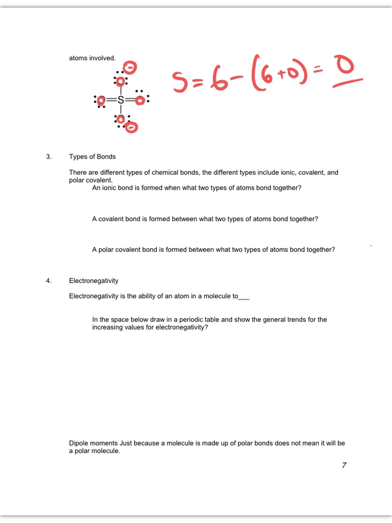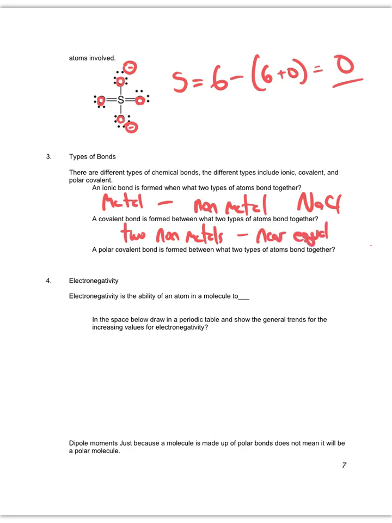Okay, types of bonds we have the ionic bond, which is between a metal and a non-metal. And an example of this would be sodium chloride, where the sodium's a metal, the chloride's a non-metal, and we get a salt out of it. A covalent bond is between two nonmetals, and this is two nonmetals that have equal or near equal electronegativity.